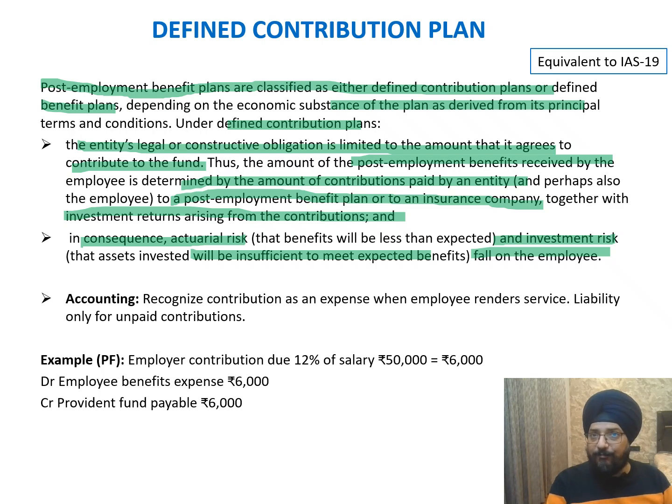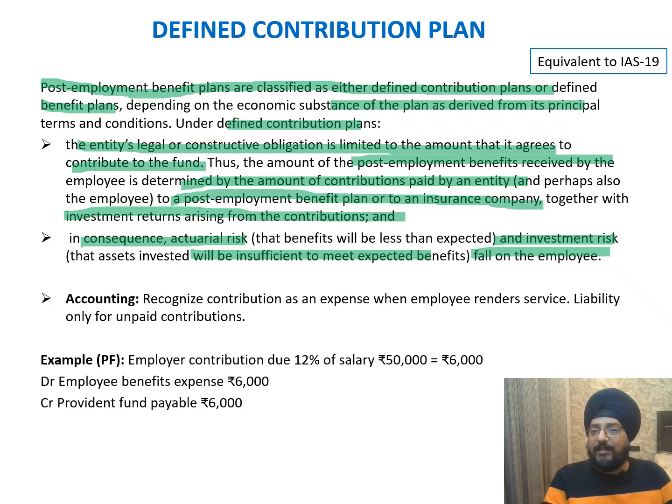Now, if the provident fund organization is, let's say, committing a particular rate of interest of 8%, let's say they have announced 8% but have not paid it, then it is not the obligation of the entity to compensate that interest amount if it has been short paid by the provident fund organization to the employee.